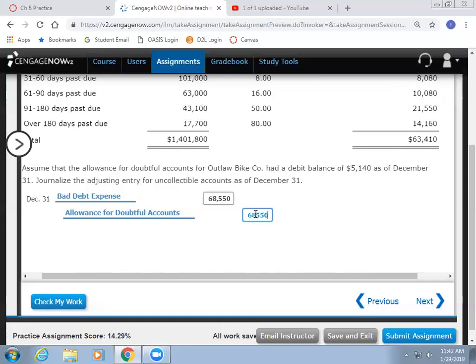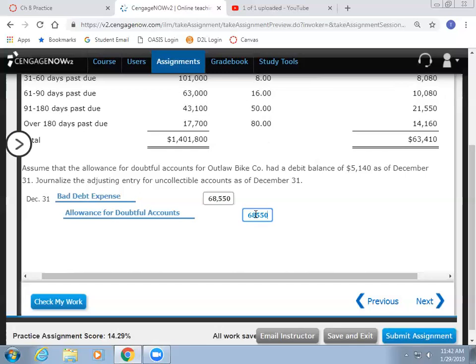Okay. And then obviously that would still be a debit balance, which threw it off, but you get the idea. Basically, the big takeaway is if they tell you percent of credit sales, you'll just calculate the percentage and that will be your adjustment amount. Okay. So under percent of sales, you don't have to worry about your balance in allowance for doubtful accounts.